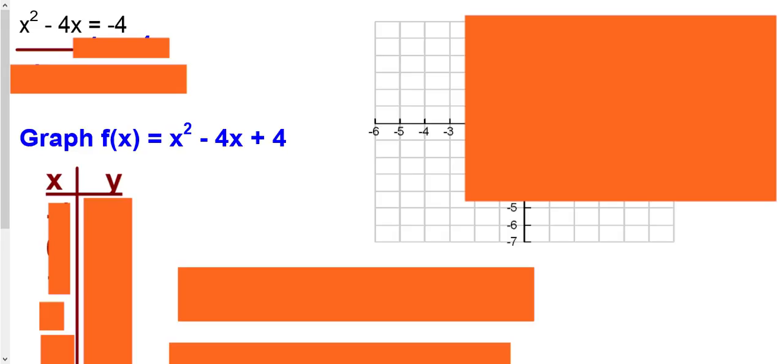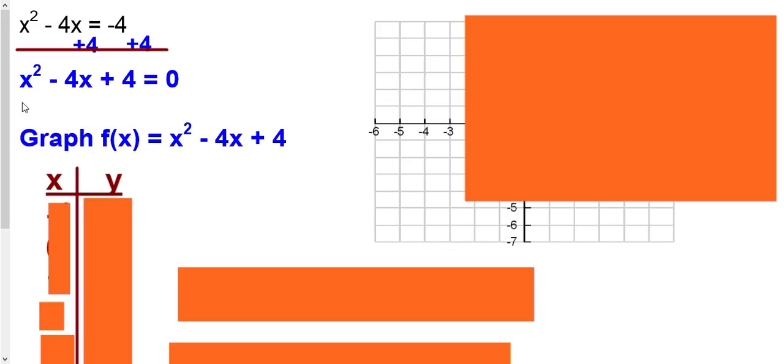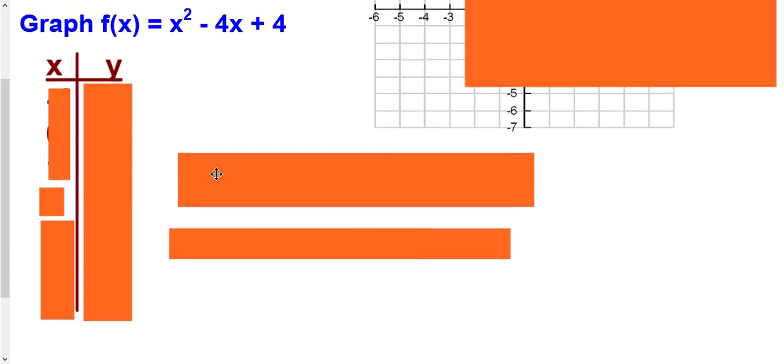So we're going to do the same type of thing here. The first thing you have to do is get 0 on one side. So if you don't have 0, you can always get 0 by bringing everything over to one side. Then we have our quadratic equation that we're trying to solve. So we'll graph the equivalent quadratic function. Do the negative b over 2a, and we end up getting 2. Choose your 3 numbers on each side.